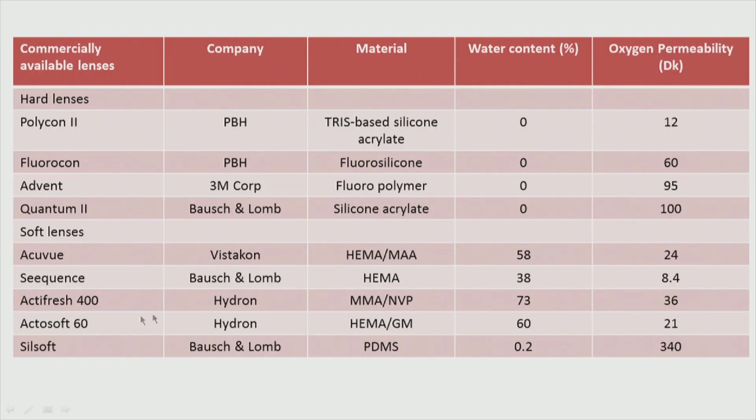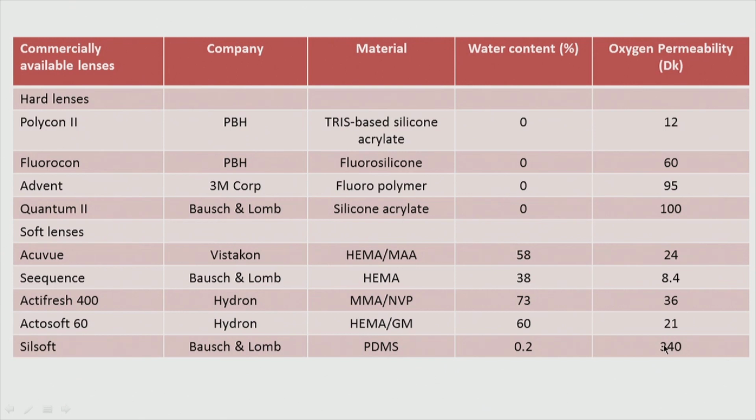There are many companies which make these contact lenses, as you can see from this list. You do not have to bother much, but basically look at this: silicone acrylate, fluorosilicone, fluoropolymer, HEMA, pyrrolidone, PDMS based material. So, a lot of material. If you look at the water content, mostly the soft contact lenses have very high water content.